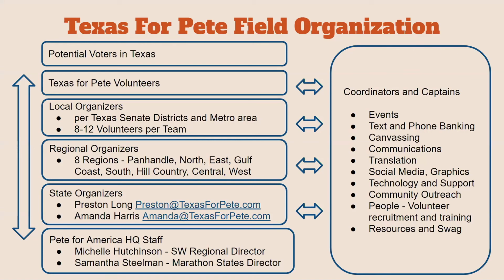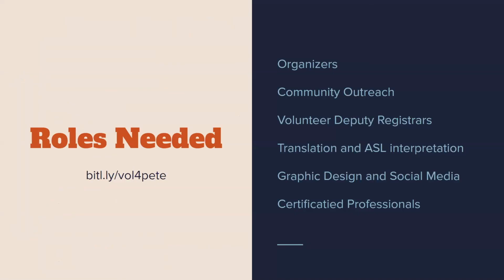So what we're really looking for are some people with some traits that might be unusual outside of your normal life, like being involved in coalitions or having a special talent, like being able to translate for us, any kind of social media or graphic design.